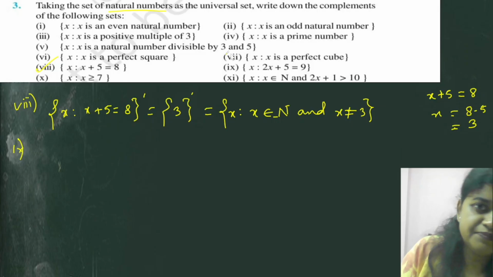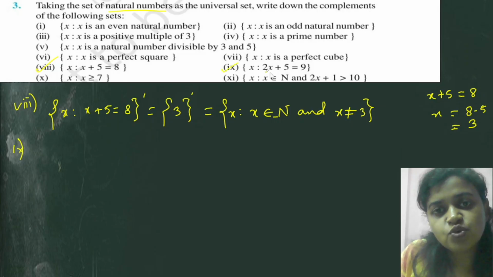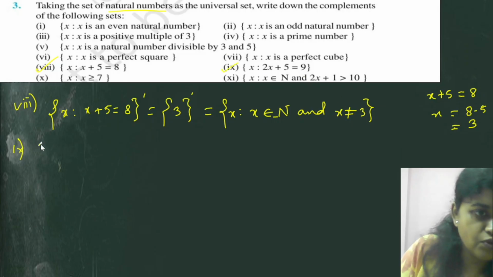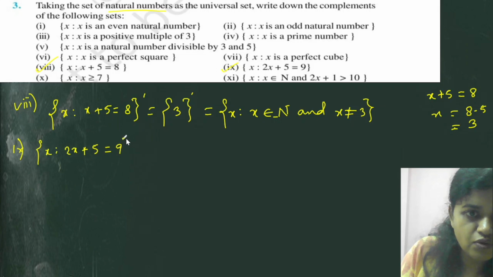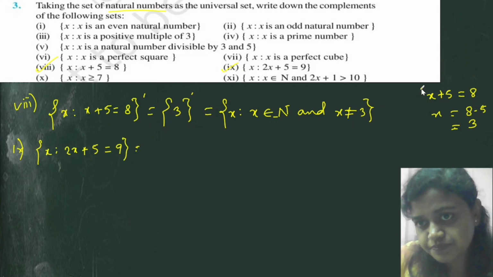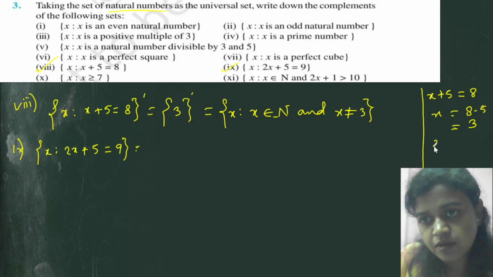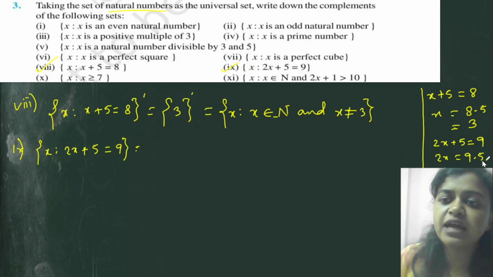Next, 9. x such that 2x plus 5 equals 9. If we solve this, 2x equals 9 minus 5, so x equals 4 by 2, which gives x equals 2.